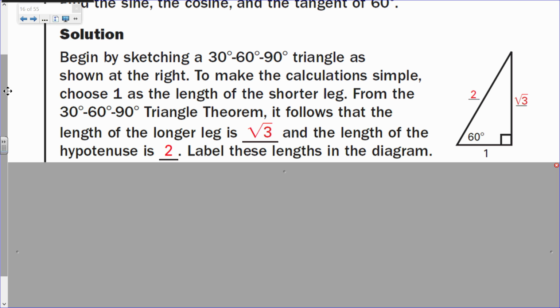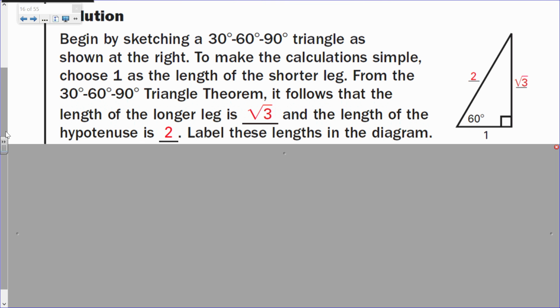I'm going to fill in the blanks here. We already know that the long leg of a 30, 60, 90 is rad 3. If the short leg is 1, then the long leg is 1 times rad 3, and the hypotenuse is 2. Go ahead and put that in there. Fill in the blanks there. Whatever you see in red is what you're going to fill in the blank with.